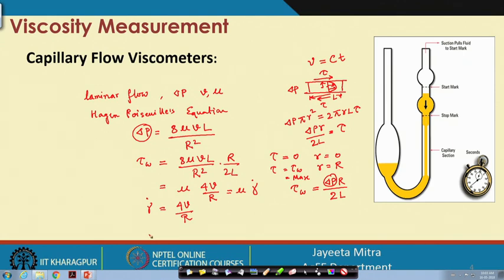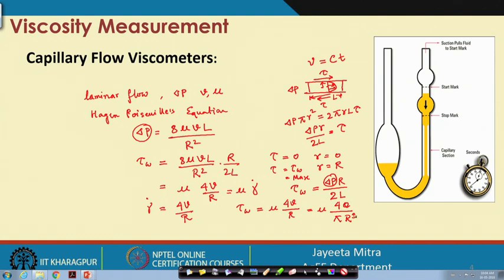So, now we can express the shear stress and shear rate by this equation: tau w is equal to mu into 4 V by R, or velocity V can be related with the volumetric flow rate, so that tau w equals mu into 4 Q by pi R square into R, so pi R cube.